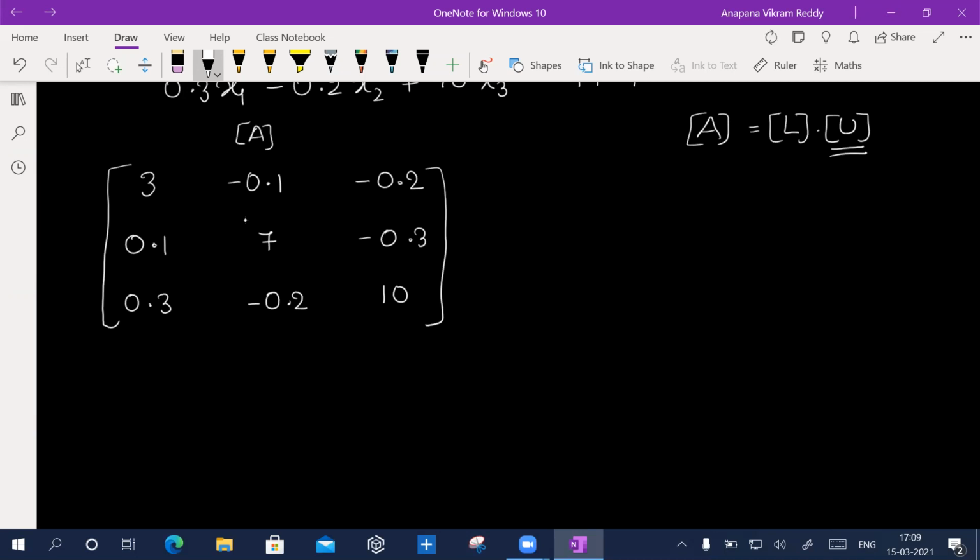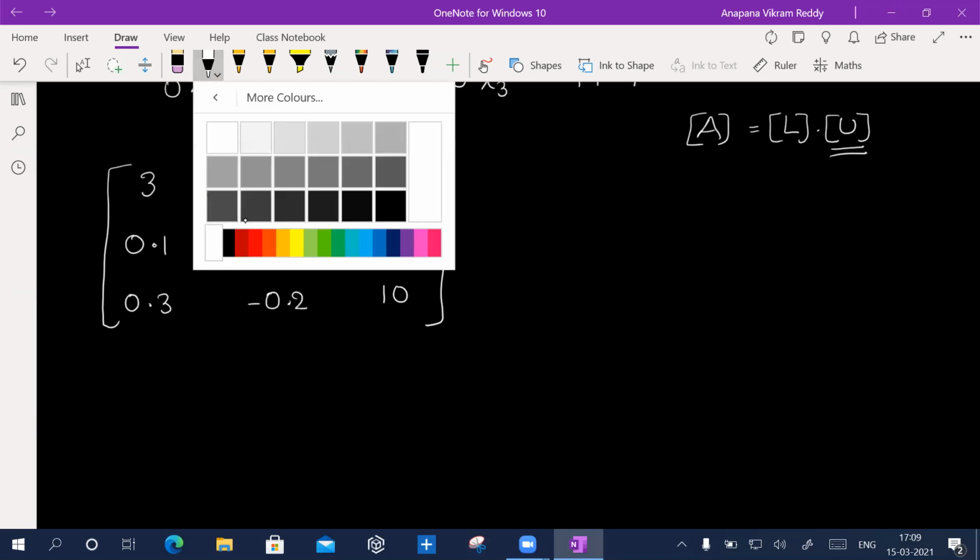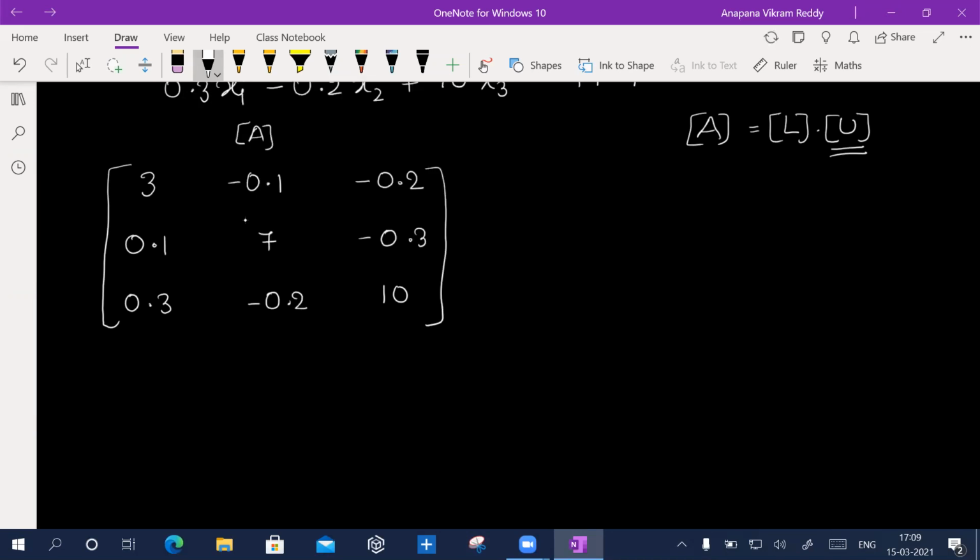First of all, tell me what upper triangular matrix we have. We already found this.